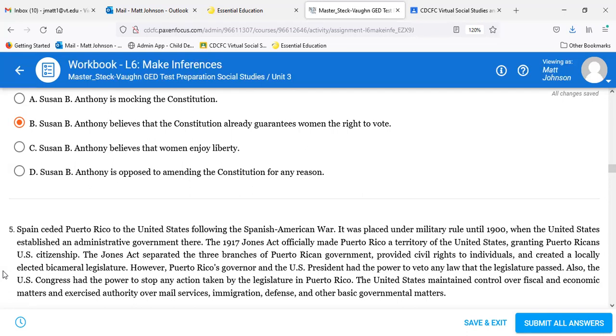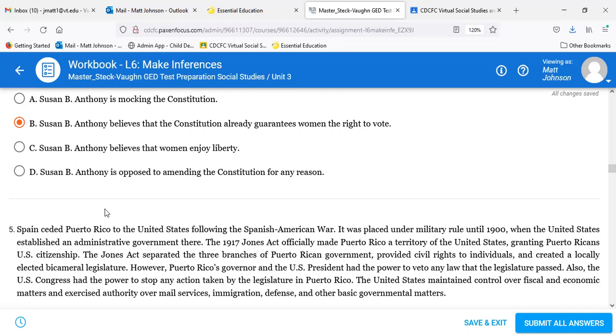However, Puerto Rico's governor and the U.S. president had the power to veto any law that the legislature passed. Also, the U.S. Congress had the power to stop any action taken by the legislature in Puerto Rico. The United States maintained control over fiscal and economic matters and exercised authority over mail services, immigration, defense, and other basic governmental matters. And it's much still the same today.